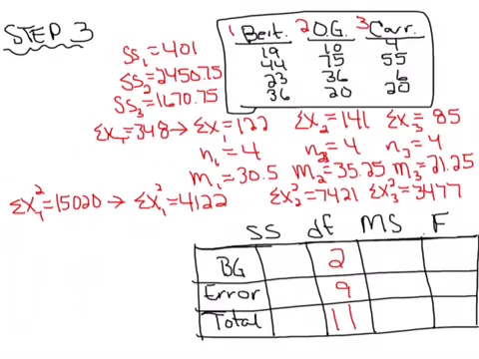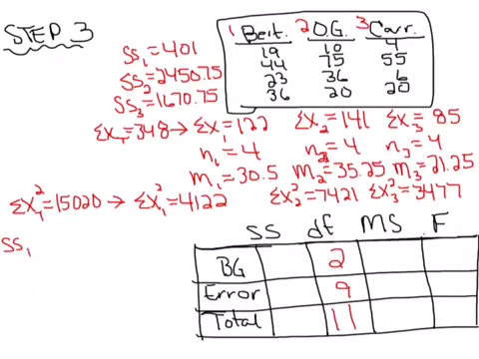So now we have everything we need to start calculating our one-way ANOVA. Now we don't have a lot of room, but that's okay. We're going to work with this, so I can show you how this is done. I'm going to start working on the sums of squares total.